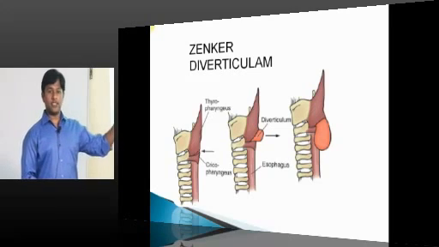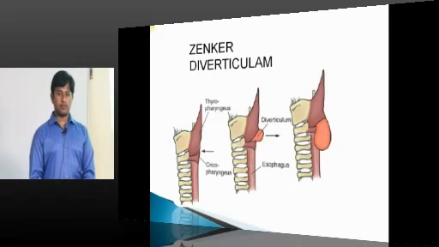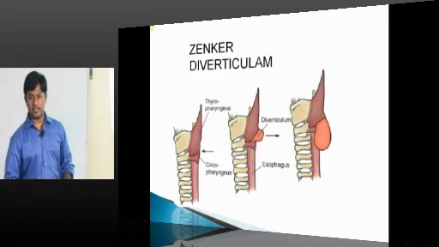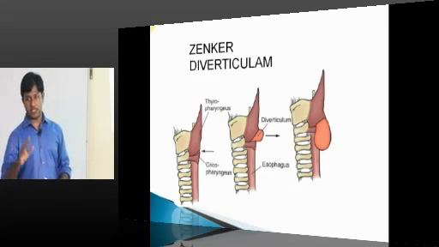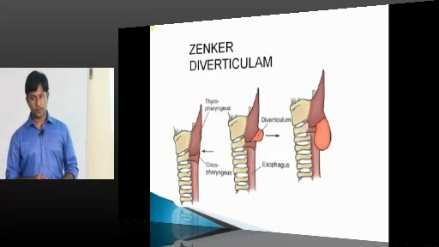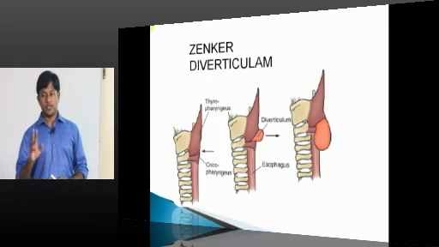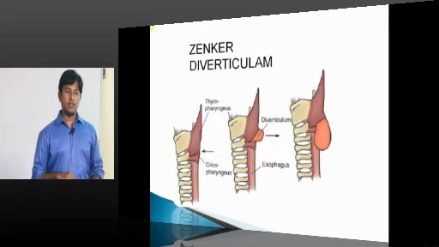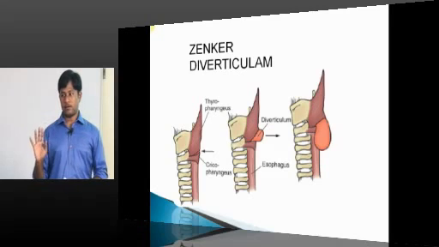So, where is this Zenker's diverticulum? Killian's dehiscence. Now comes the terminology Killian's dehiscence. Where is this Killian's dehiscence present? It is present in a muscle called the inferior constrictor.